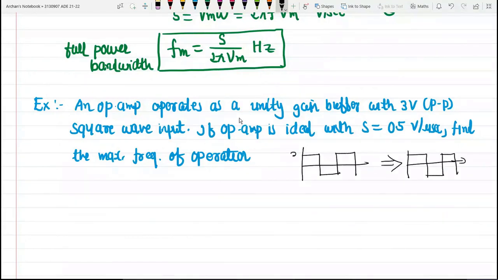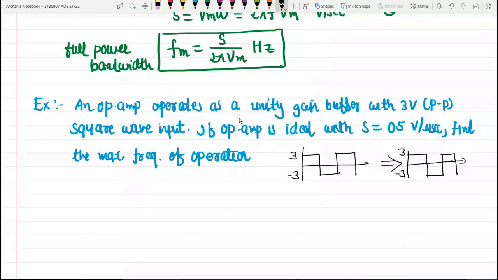So this is 3 volt, this is negative 3 volt. Output should also be like this. But for this we must operate our operational amplifier within the stipulated frequency range. So what should be the maximum value of frequency under which my output will not get distorted? So I need to find out this frequency.